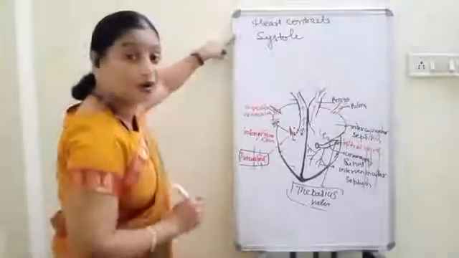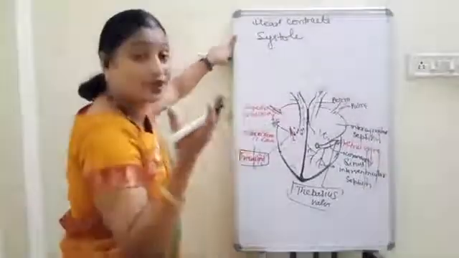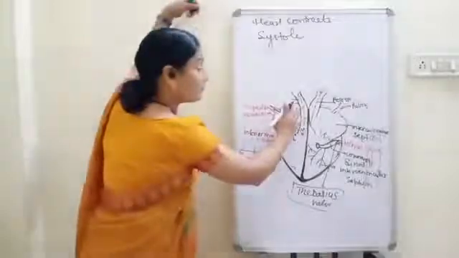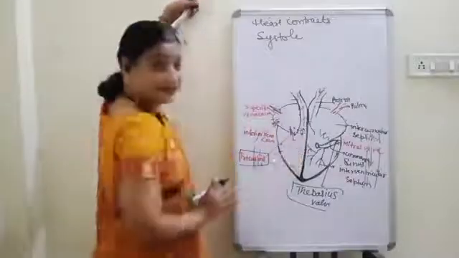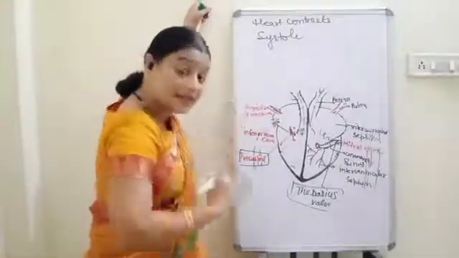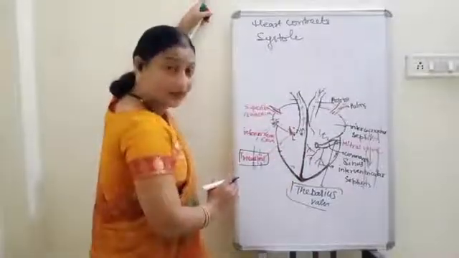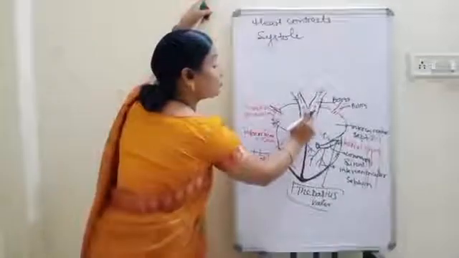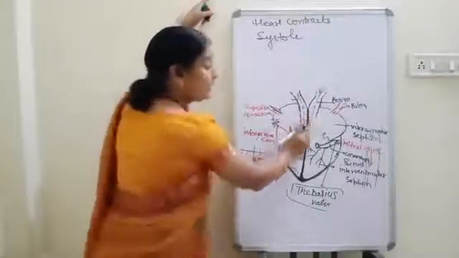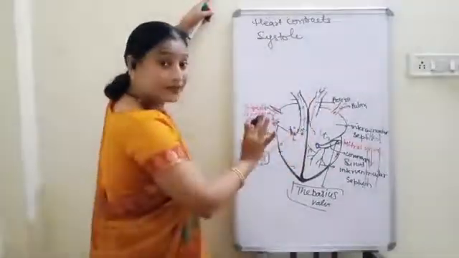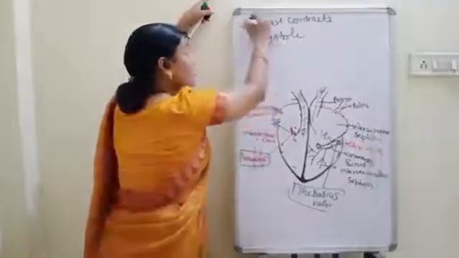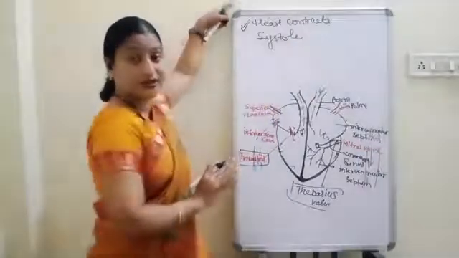If the auricle contracts, the blood will be poured inside the ventricle. And at the same time, the ventricle will contract. Okay? And the blood will move to the pulmonary artery from here and the aorta from here. Now, this contraction is called the systole.